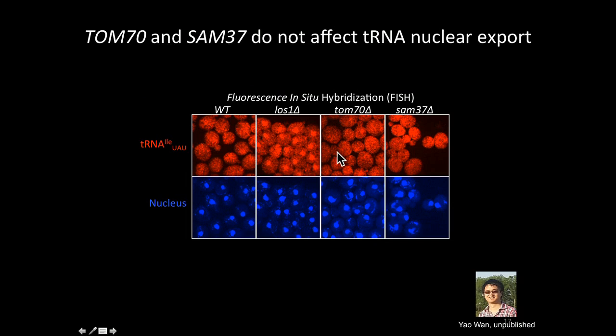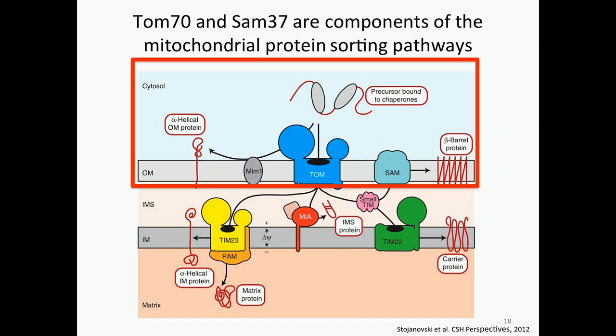Unlike, oh boy, that doesn't show up. You'll have to take my word unless it looks better there. Maybe it does. Unlike the mutants I told you about a little bit earlier, the exporters, in these mutants, tRNAs do not accumulate in the nucleus. They accumulate in the cytoplasm as if the step of splicing that's defective is post-nuclear export.